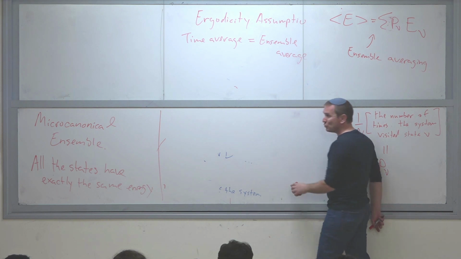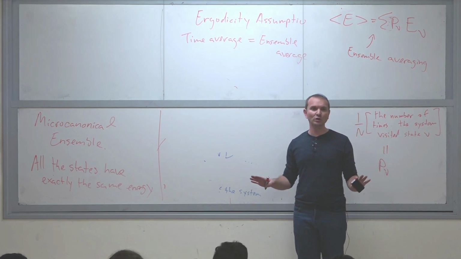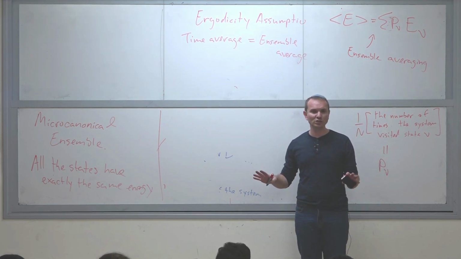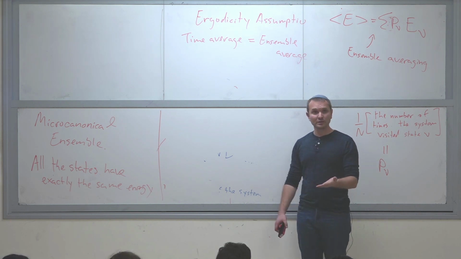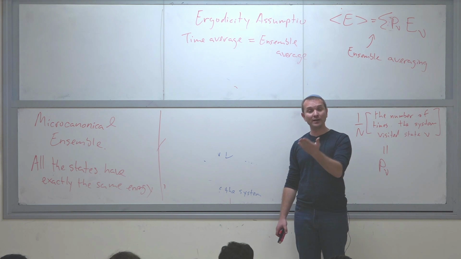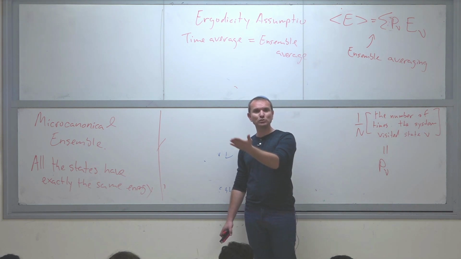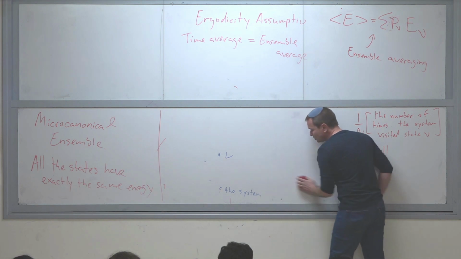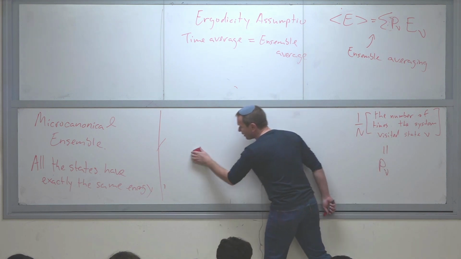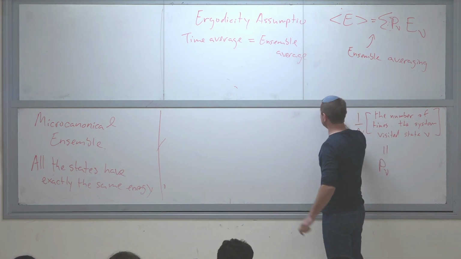Now, we're assuming that there is always some small noise or some vacuum fluctuations that force the system to perform this jump. So the system, as a function of time, samples all the different states. All those different states have exactly the same energy.